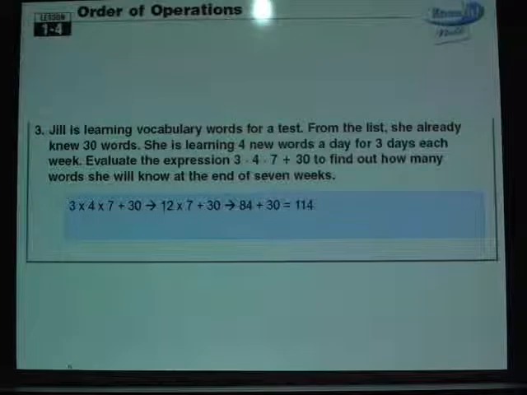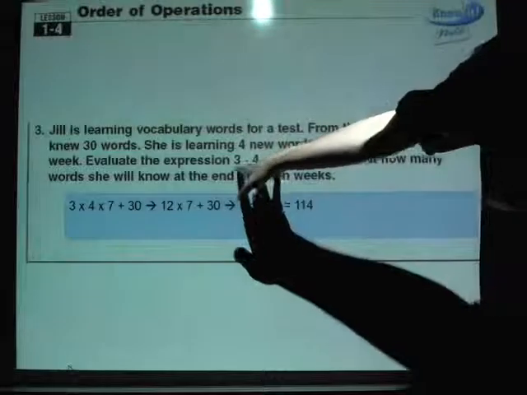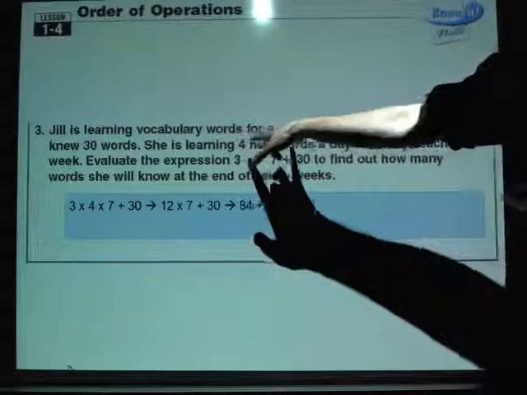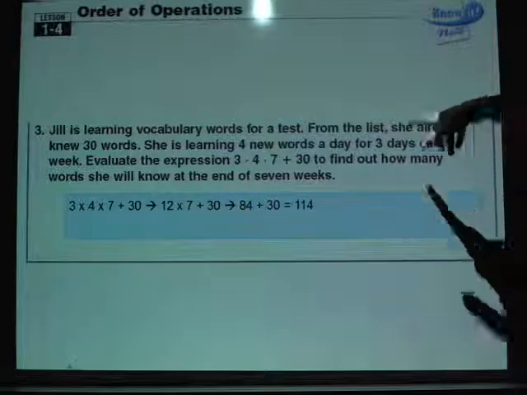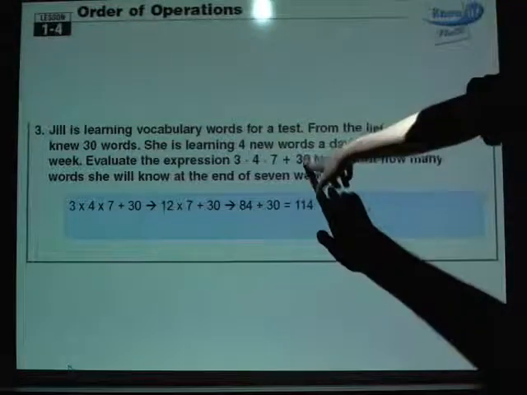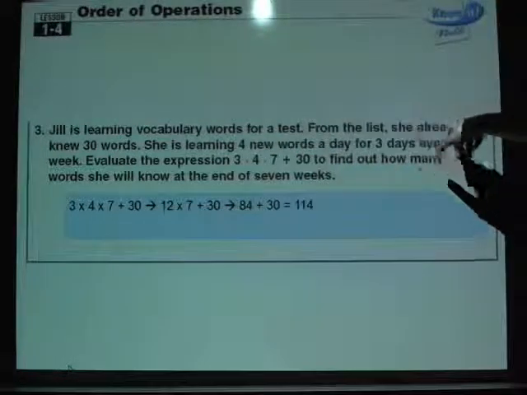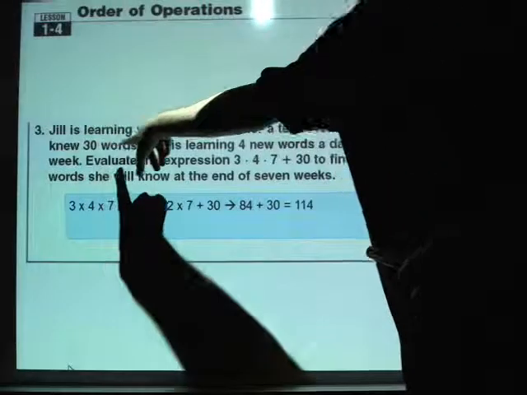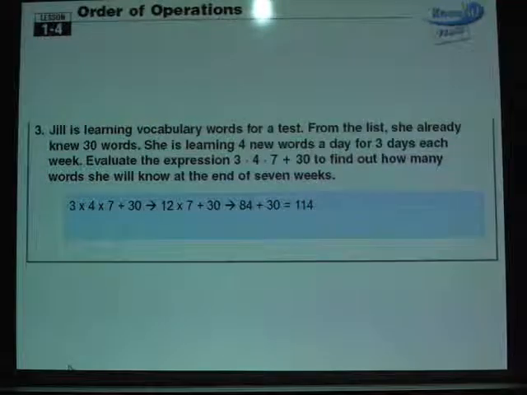Okay, so we're working through 3 times 4 times 7 plus 30. Realize that this equation, the 3 times 4 times 7 part, represents the 4 new words a day for 3 days each week part. And the plus 30 at the end here represents the fact that she already knows 30 of the words.